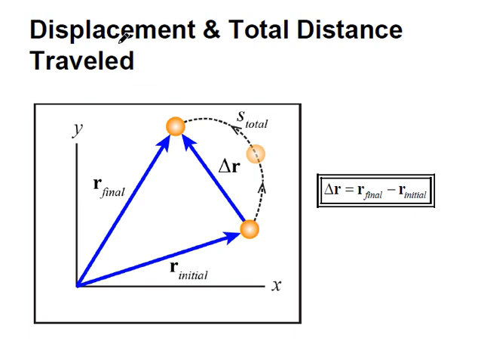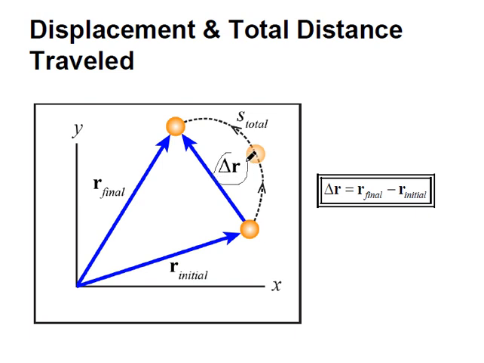If you think about displacement, we deal only with the starting point and the ending point. So we start with a straight line vector from the initial to the final position. In this example, your initial position is here and your final position is here. Every time we deal with displacement, we're dealing only with this.